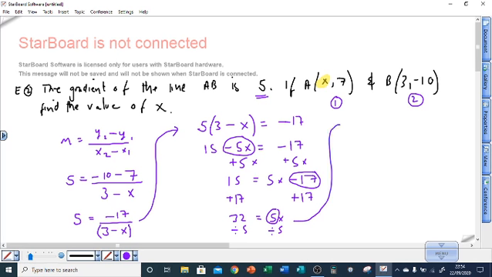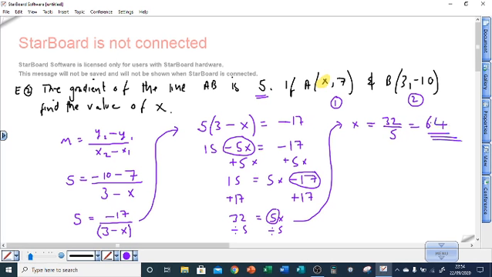And again, I'm just going to fit it up here. That tells me that x is equal to 32 divided by 5. Well, I could give that as a decimal if I wanted to, which is going to give you 6.4.